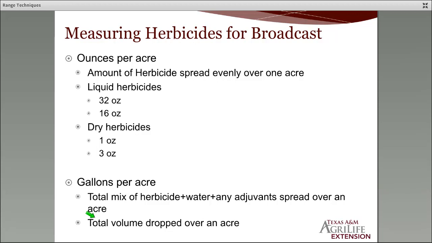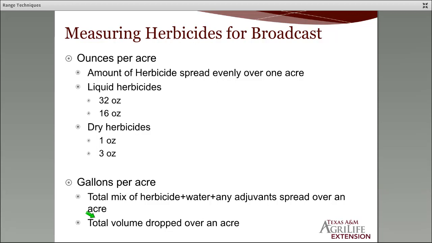I know with that 65-gallon tank, if I fill it up to 60 gallons, I can do 6 acres at 10 GPA. So keep in mind the ounces per acre. That's the amount of herbicide spread evenly over an acre.